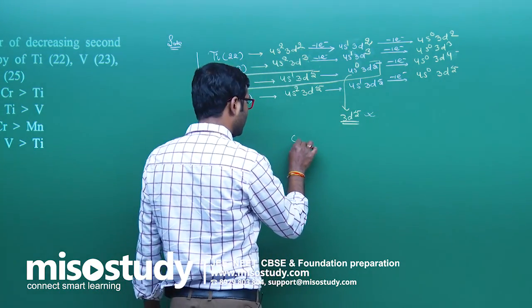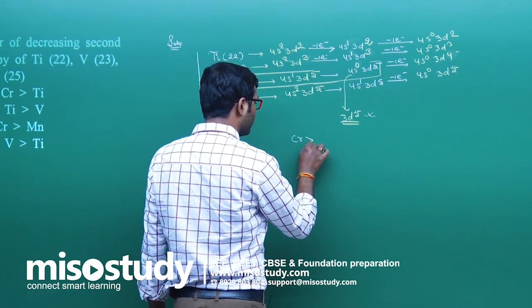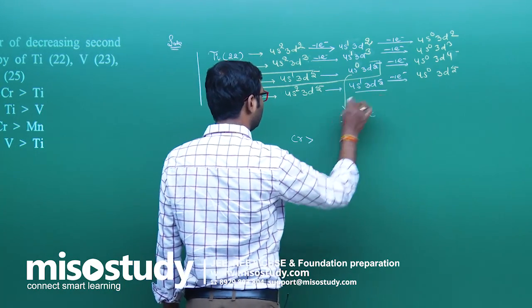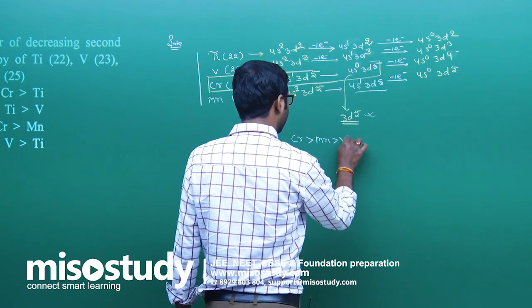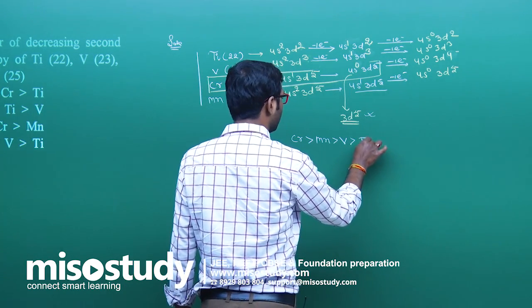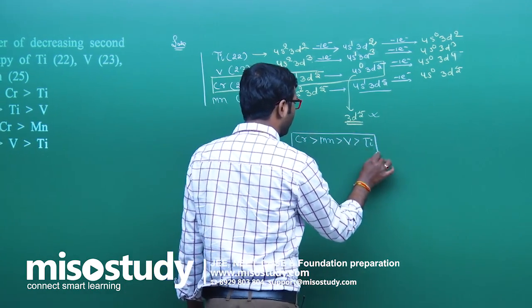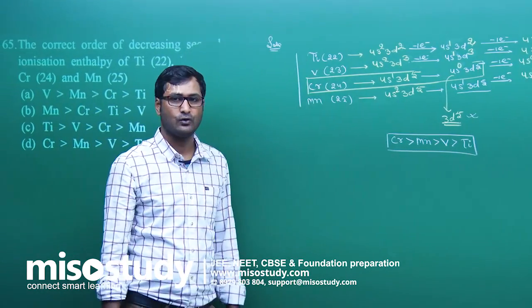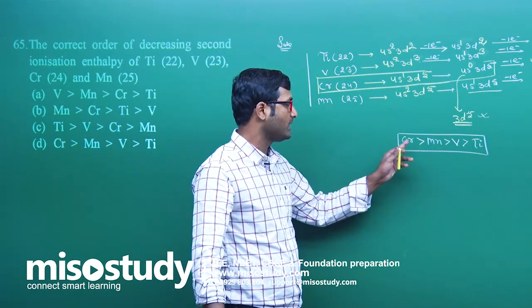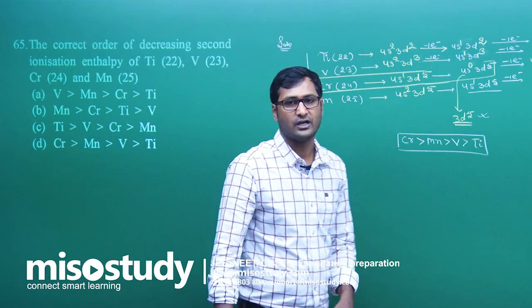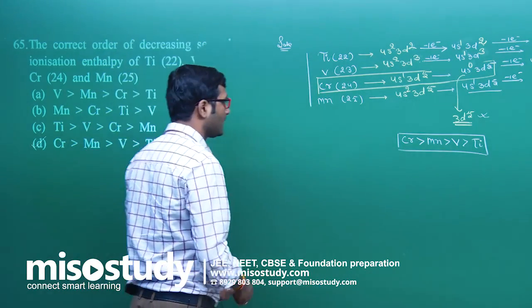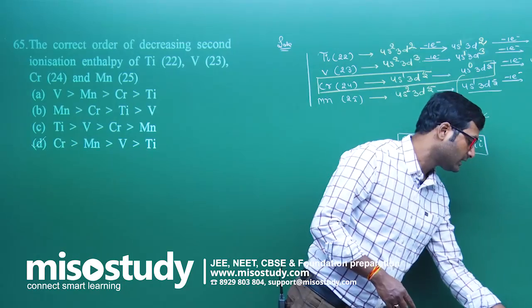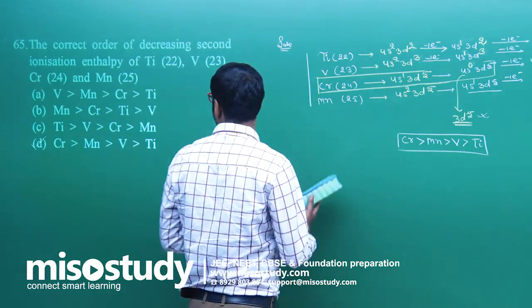So the answer is chromium first, then Mn, then vanadium, and then titanium. So D is the correct option.